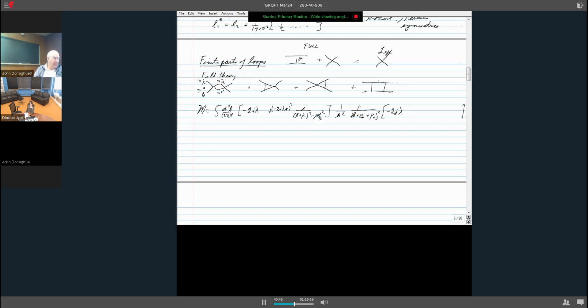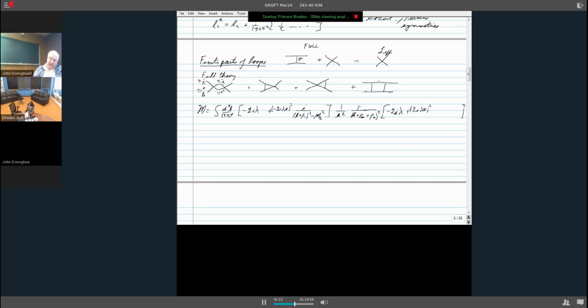So p minus p0 plus k is the residual momentum. And then over here I have minus 2i lambda. So what I've written out there is that first diagram: 2i lambda, that vertex, 2i lambda, this vertex, 2 propagators.